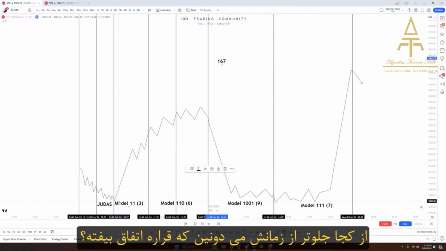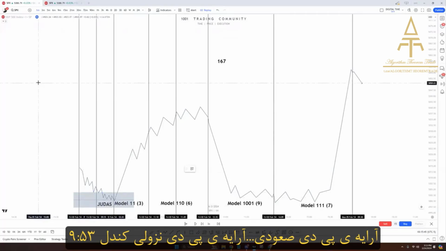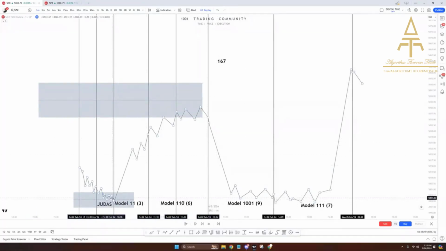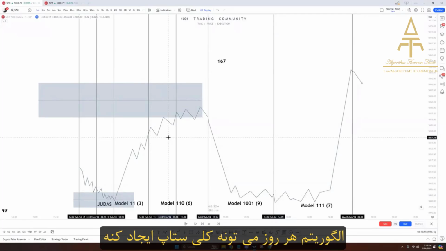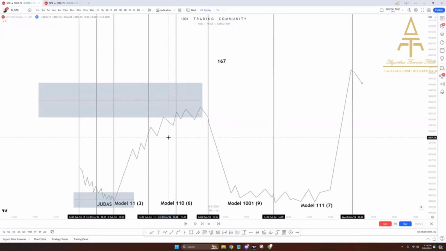How do you know that's going to happen ahead of time? Bullish PD array, bearish PD array, 953 candle. Observe that 953 candle. It's down here. The algorithm can only do so many setups each day. I'm telling you right now, it's going to be repeating.